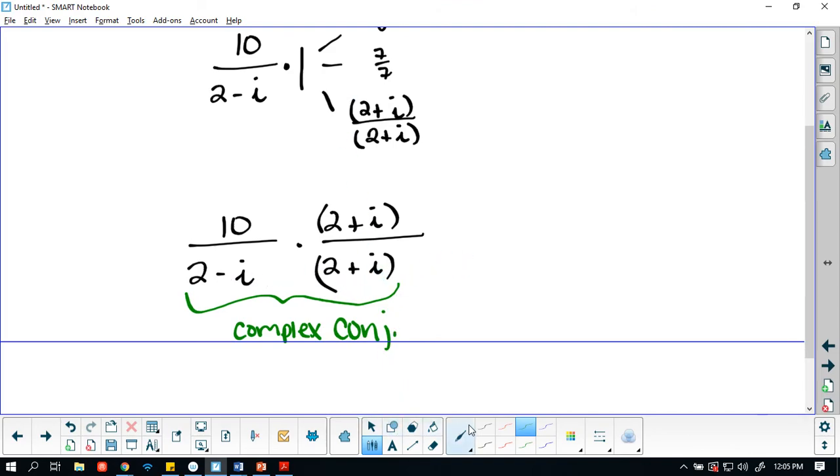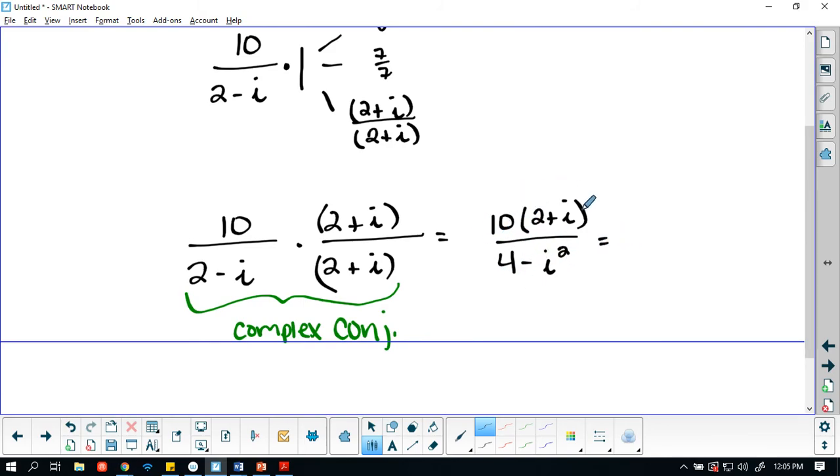And what's going to happen here is when I multiply it going across, I could do 2 times 2, which is 4. The middle terms are going to fall out because you're going to have a plus middle term and a minus the exact same middle term. So that's going to be a 0. And then you're going to have minus i squared. And the numerator, I'm going to keep it as 10 times 2 plus i. The whole reason I'm going to do this is because I'm going to see if the denominator can simplify that numerator.